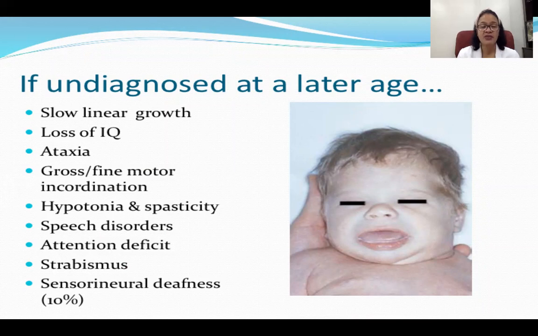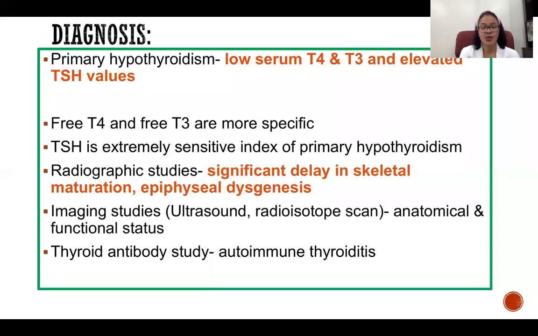They may have slow linear growth, poor IQ, ataxia, fine motor or even gross motor incoordination, presence of hypotonia, spasticity, speech disorders, attention deficit, strabismus. So usually there is brain development delay in patients who are undiagnosed.